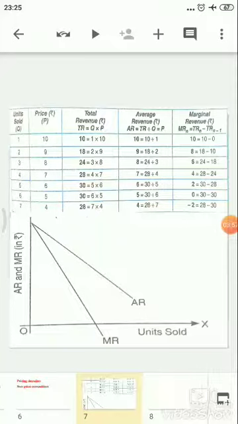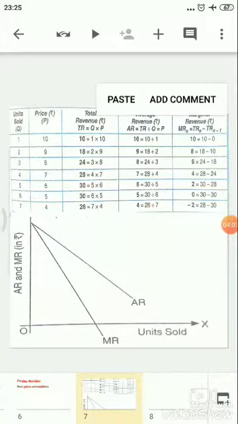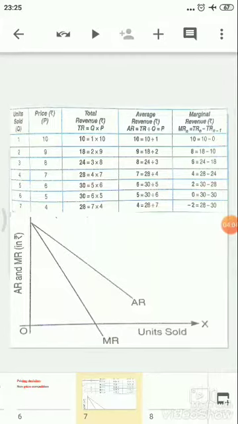Now look down. Second, the AR is 9 but the MR is 8, lesser. MR is less than AR. Then again AR is 8, MR is 6, then 7, it is 4. AR is 6, MR is 2, then 5, 0, 4, minus 2. So you can see that AR is always above the MR curve.